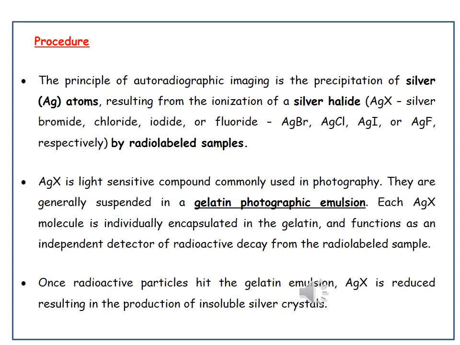Each silver halide crystal molecule is individually encapsulated in gelatin and functions as an independent detector of radioactive decay from the radiolabeled sample. Once radioactive particles hit the gelatin emulsion, silver halide is reduced, resulting in the production of insoluble silver crystals.